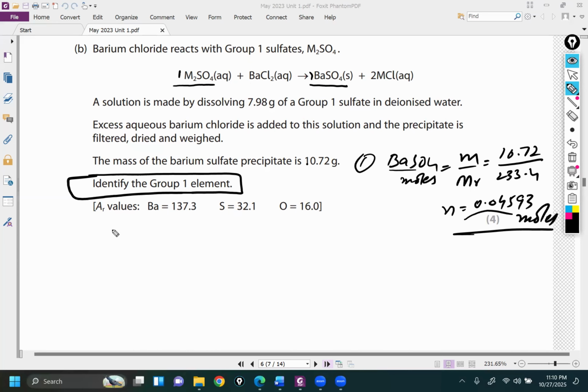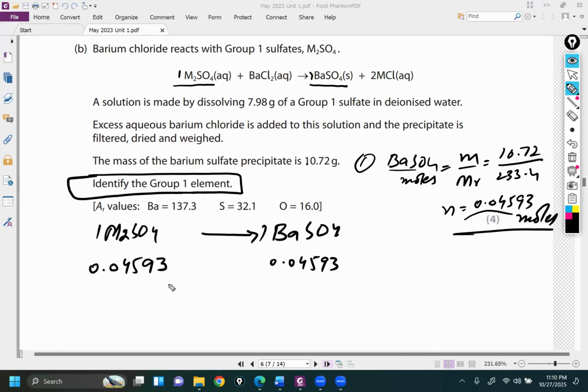So if this is M2SO4 and that is BaSO4, then this will surely be the same, 0.04593 moles. Now, this is one part. In the second section, we get the number of moles of M2SO4 as well.